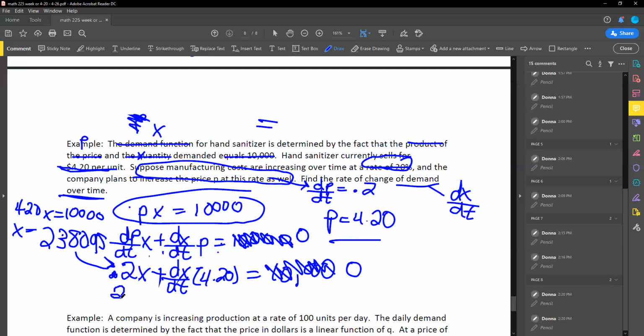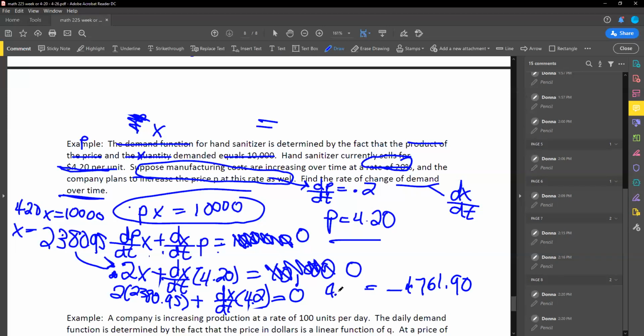So I have 2 times 2380.95 plus dx/dt times 4.2 equals 0. All right, so I'm going to multiply that and move it over. So multiply it by 2. 2380.95 times 2 is, so move negative 4761.90 equals 4.2 times dx/dt.